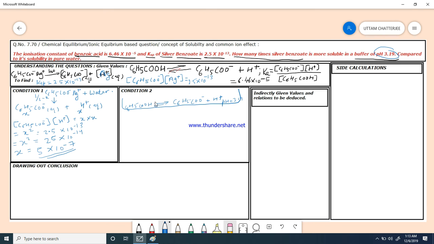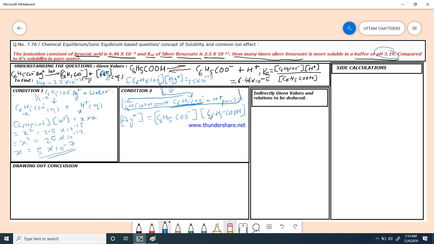Now when silver benzoate is added, then due to this benzoate ion, this equilibrium will shift backward and almost no benzoate ion will be left, as a result of which we can write that the concentration of Ag plus will be equal to the concentration of C6H5COO minus plus the concentration of C6H5COOH.